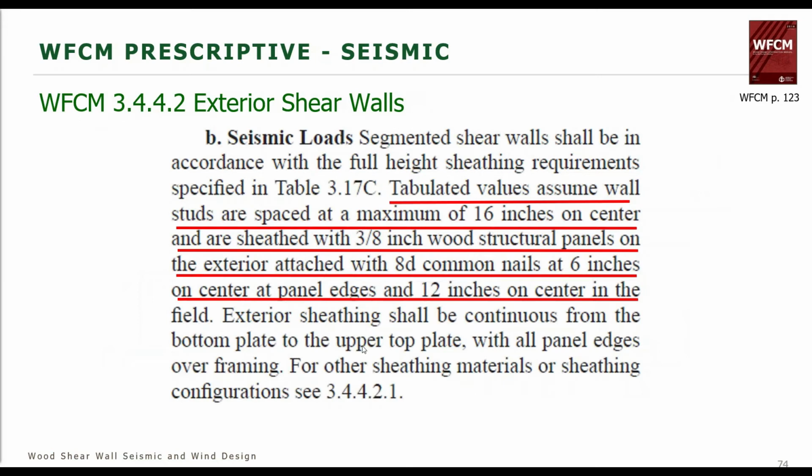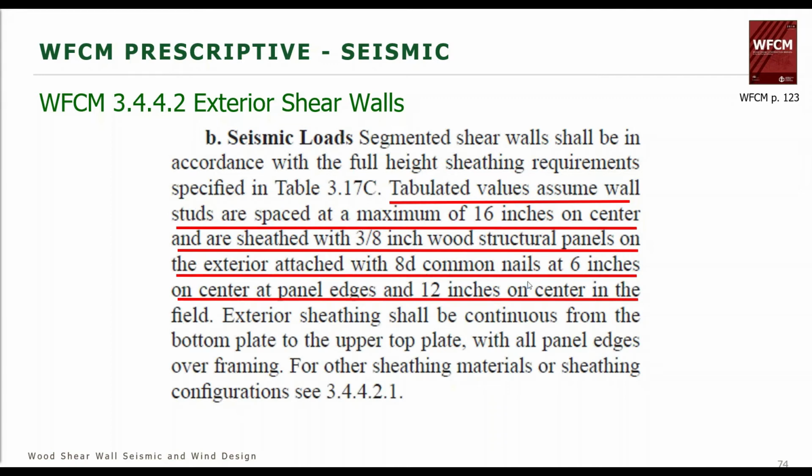Right off the bat, this is our baseline of construction when we're designing for seismic loads. It keys into table 3.17C. That's where we go to get the capacities of our shear walls or the length reductions of our shear walls. The tabulated values assume wall studs are spaced at 16 inches on center. We have 3/8 wood structural panel, but we're assuming 7/16.